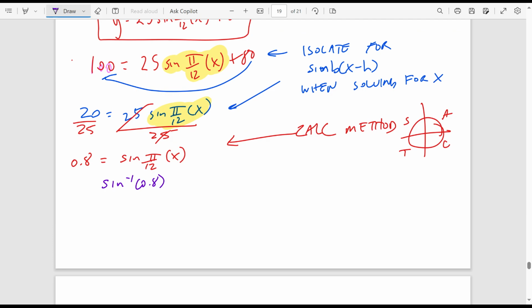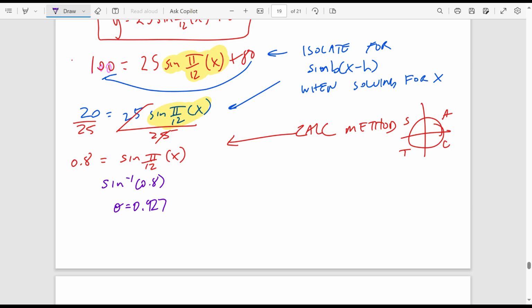And I get something like, and I'm in radians, make sure you double check that too. I get something that theta, and you can write it like this, because essentially what we're doing is finding theta, an angle that we can use for that CAST system. So in radians, the angle is 0.927. Okay? It's a positive value.